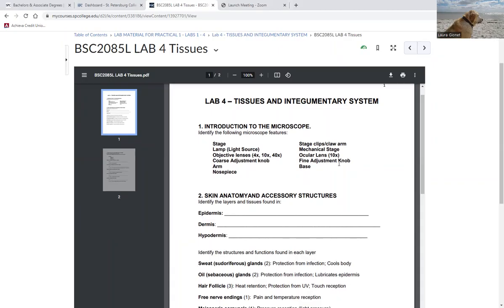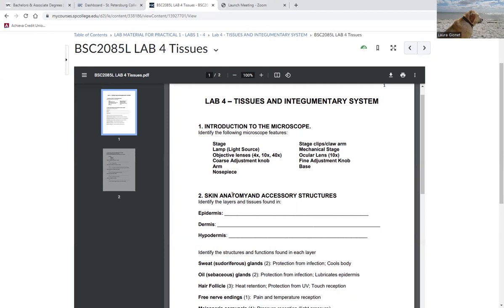We also have a fine adjustment knob, which is directly over to the right-hand side. We have the arm of the microscope, the nose piece, the base, the stage clips and claw arm, mechanical stage, ocular lens. There should be a picture in there. Hopefully it got copied over correctly. And we will identify those things.